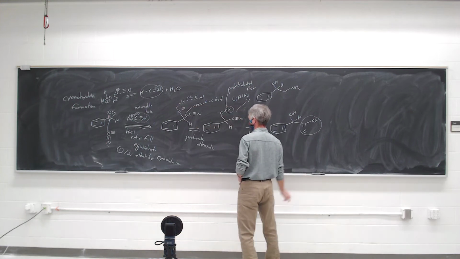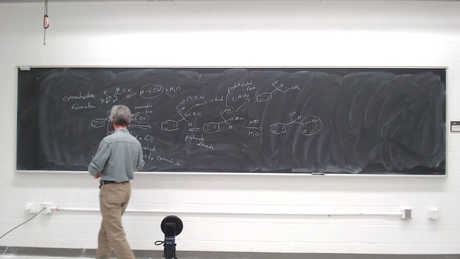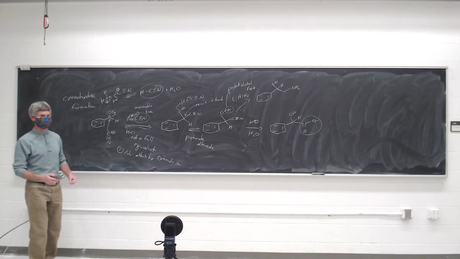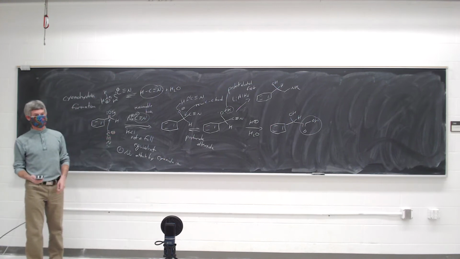So very simple mechanism, right? The Wolff-Kishner has the largest number of steps, I think, of any of the mechanisms we'll do, and cyanohydrin has the smallest number.